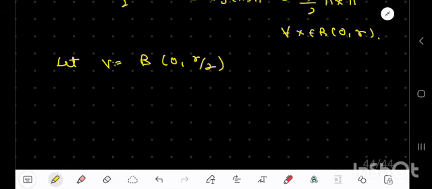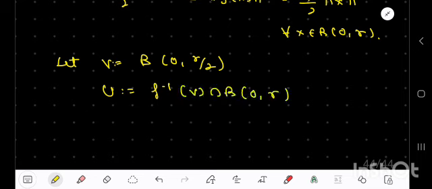So what we do is take U to be the intersection of f inverse of V with B(0, R). We are just restricting to the domain on which we can say that f is a bijection. So I can take U to be f inverse of V intersected with B(0, R), and hence f is a bijection here.